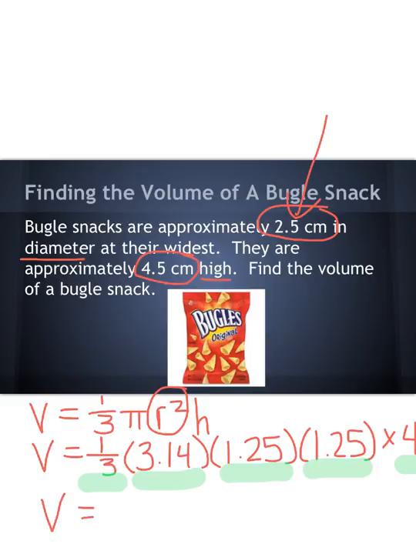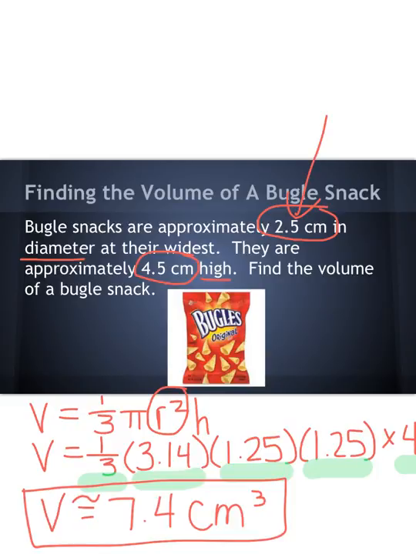You're going to get quite a long decimal, so let's round that to the nearest tenth. When you've got your answer, come back and check with me. The answer I have is approximately 7 4/10 cubic centimeters because we're talking volume.